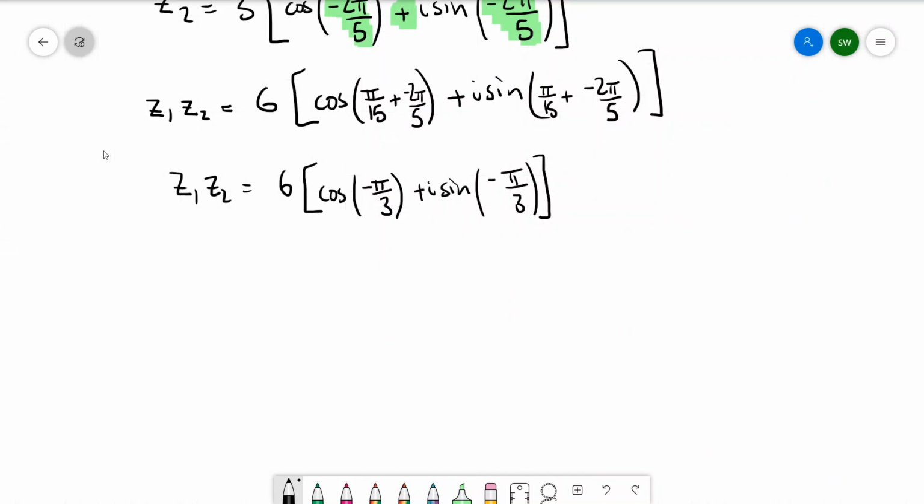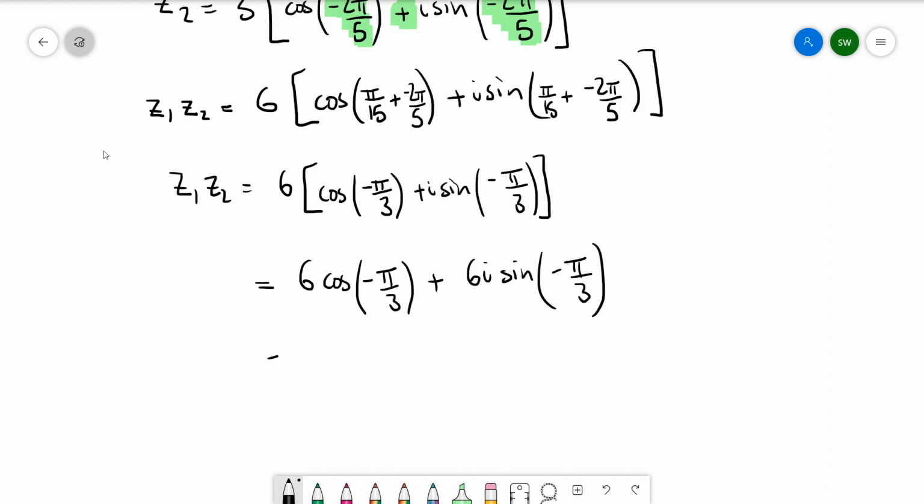To do that, we're going to expand the square bracket. So we're going to write that as 6 cos of minus pi over 3 plus 6i sine of minus pi over 3. And then we can just work out what is this value of 6 cos of minus pi over 3. So the real part is 3, that's this part here.